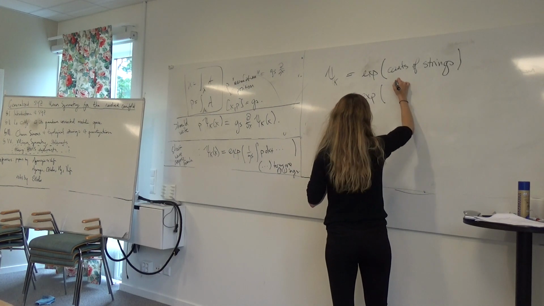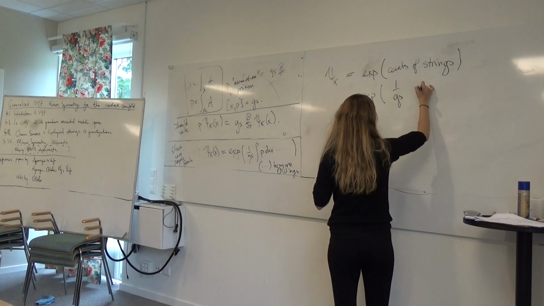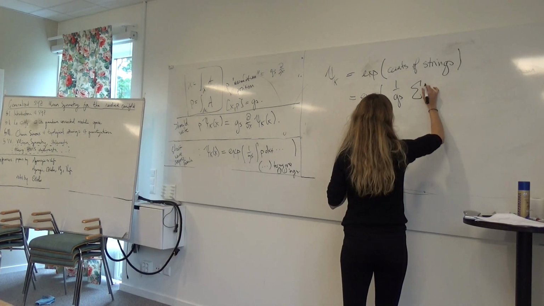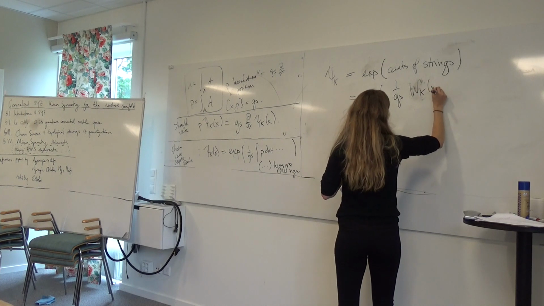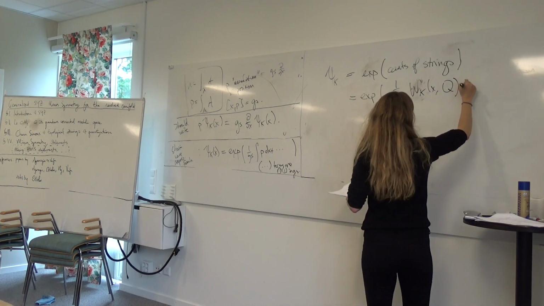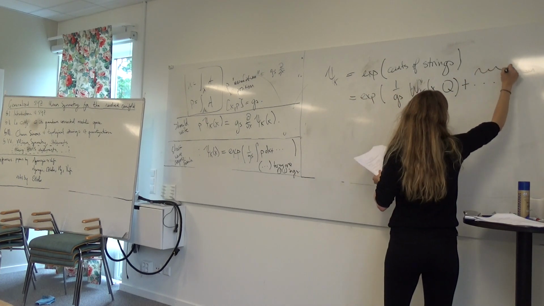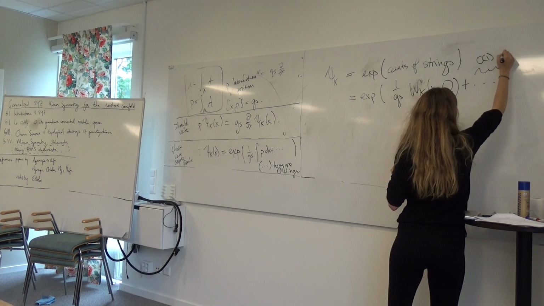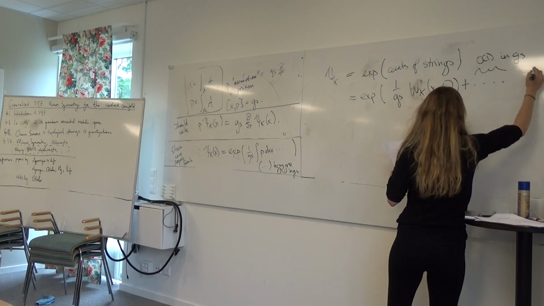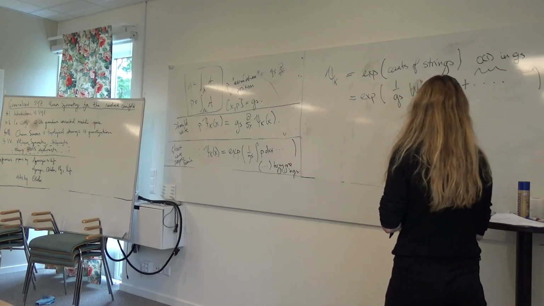So this is going to look like the exponential of 1 over g_s times this Gromov-Witten potential, which I've erased, W_k(x, q), plus dot dot dot, and these again have some factor of g_s in them.